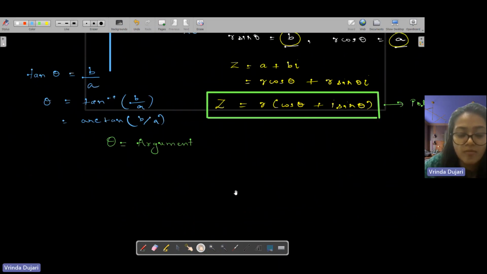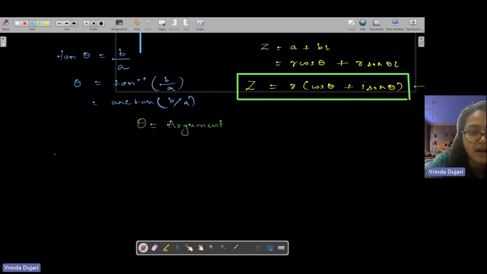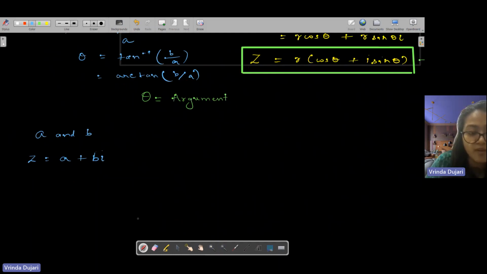So now, see, if you guys know the values of a and b, if the complex number is given in the rectangular form, a plus bi, then from the rectangular form, you can go to the polar form.